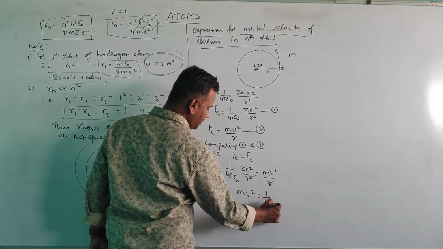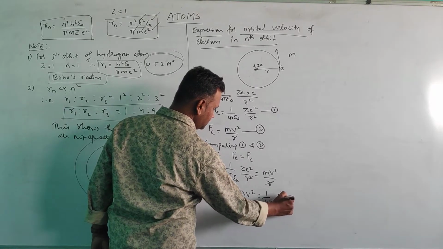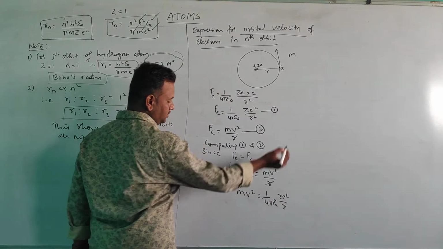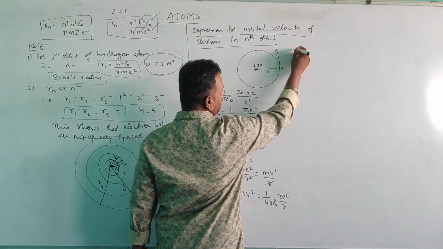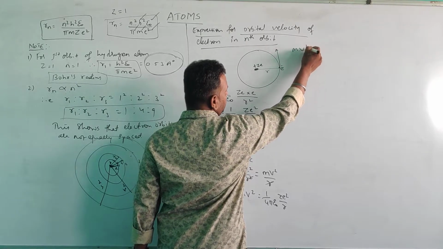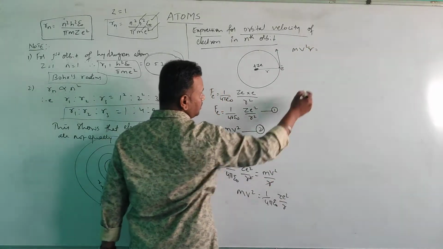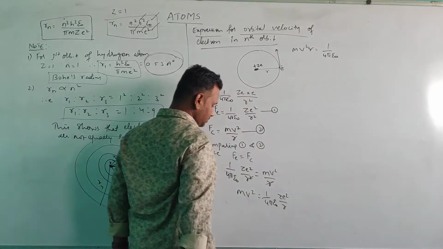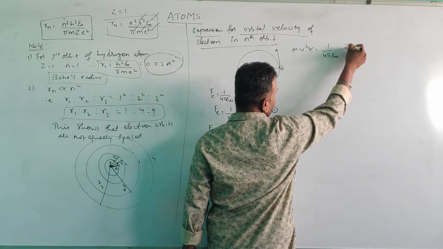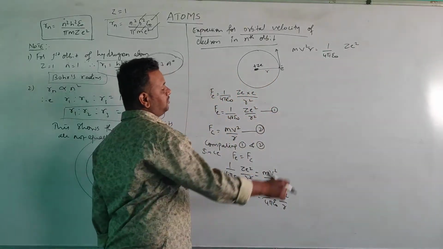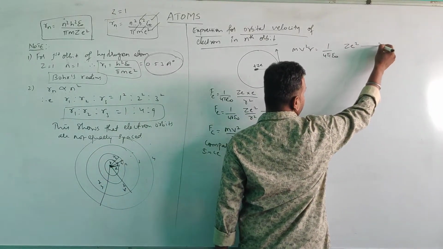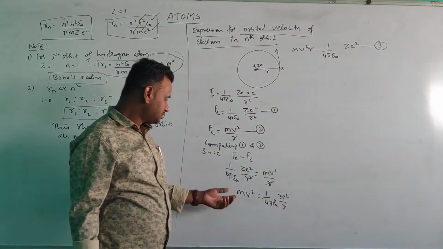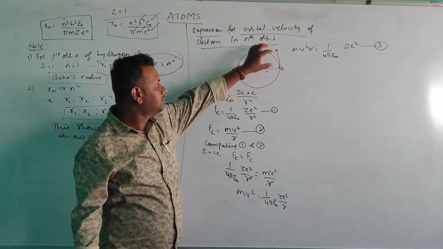One r gets cancelled, so rearranging, mv square r is equal to 1 by 4 pi epsilon naught Ze square. Take this as equation number 3. It's very simple.